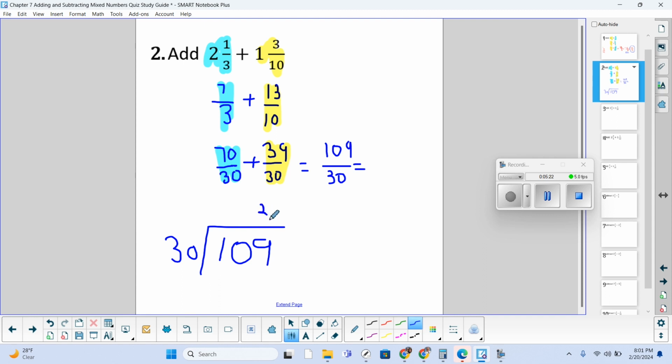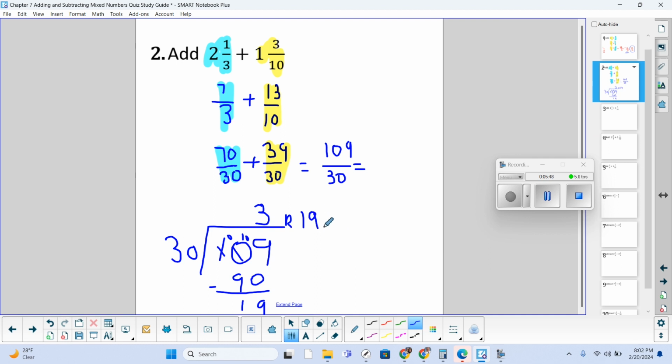Well, that would be 3 times. 3 times 30 is 90, which leaves me a remainder of 9 minus 0 is 9. That becomes a 0. This becomes a 10. 10 minus 9 is 1. So it's 3 with a remainder of 19.